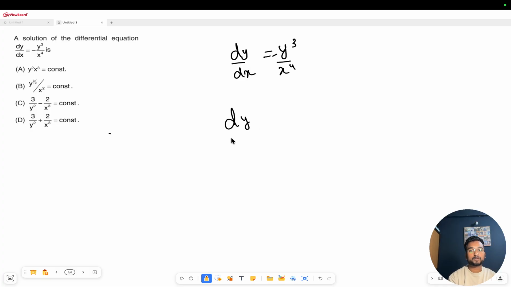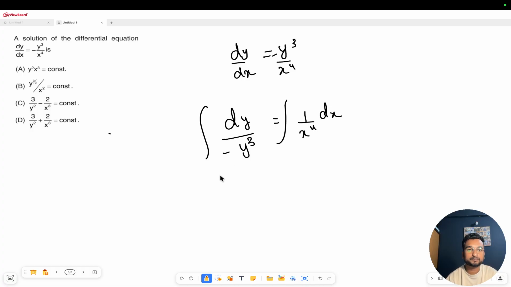So dy by y cube equals minus of 1 upon x to the power 4 dx. So integrating both sides, you will get the solution as, you can see, minus outside, y to the power minus 3 plus 1 upon minus 2.